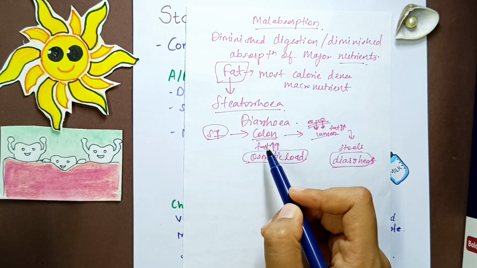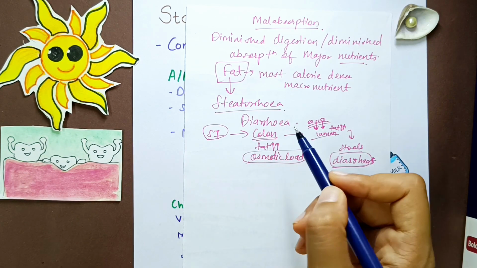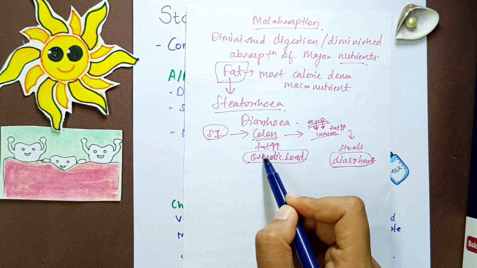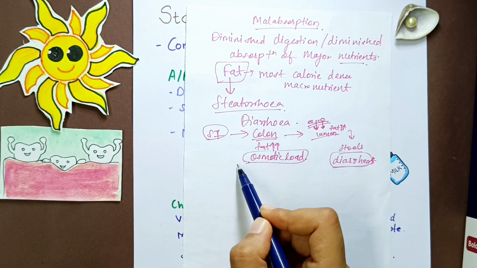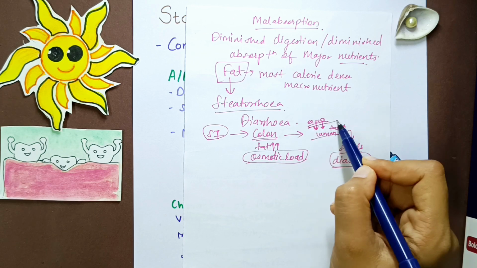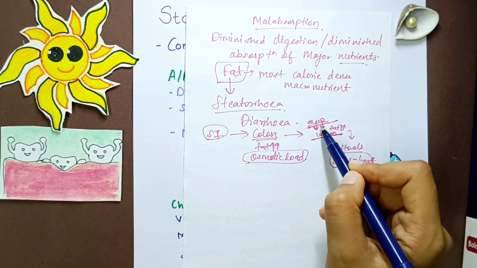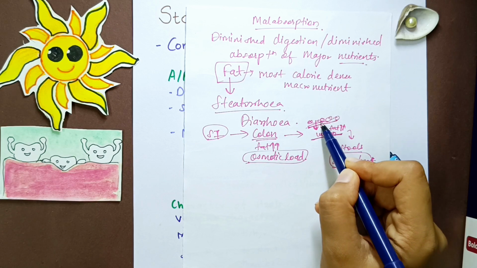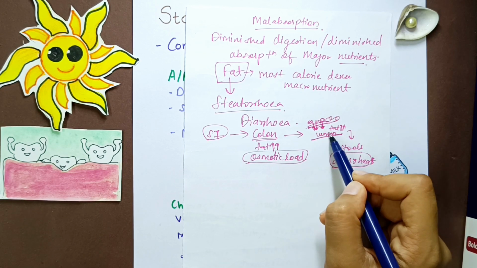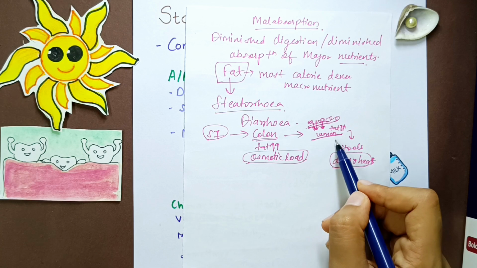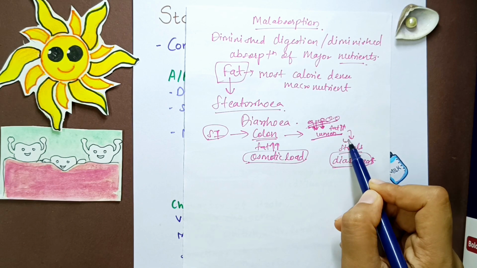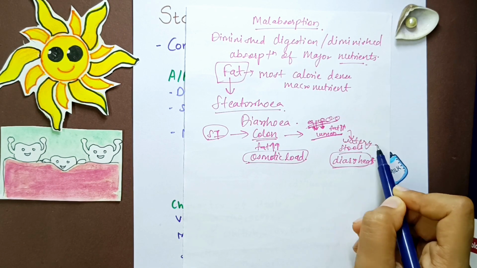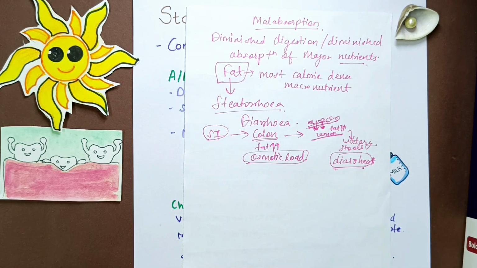Because there is more fat, there is osmotic load in the colon. The cells of the large intestinal wall will release more water into the lumen because there is more fat, and that will finally give rise to watery stools, which is nothing but what we call diarrhea.